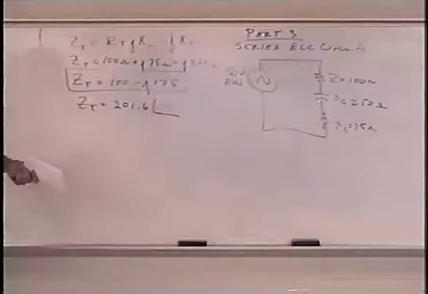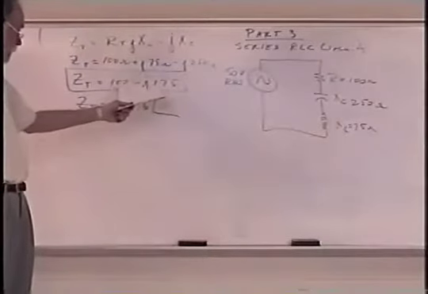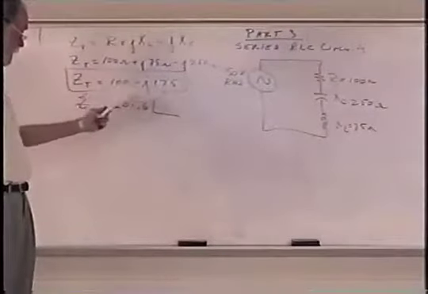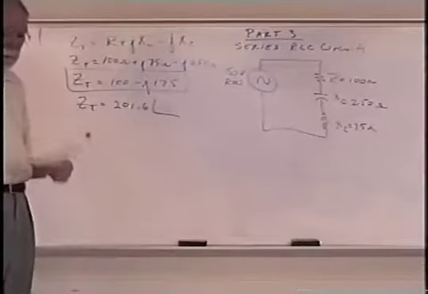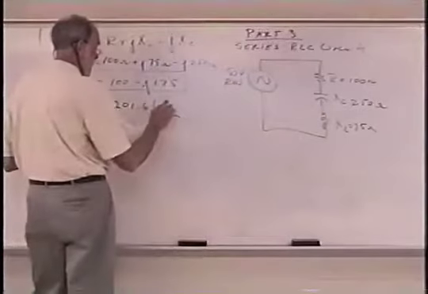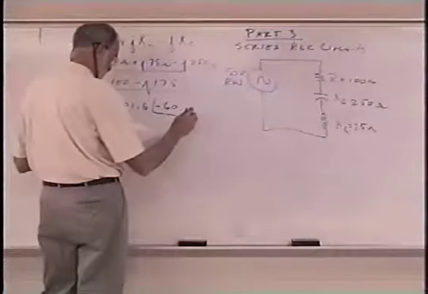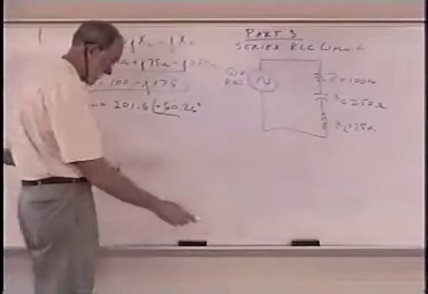Then I find the angle by taking the ratio of the J value to the R value, and then the inverse tangent of that. Anyway, I get negative 60.26 degrees.